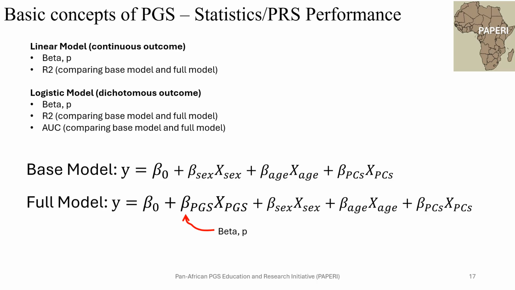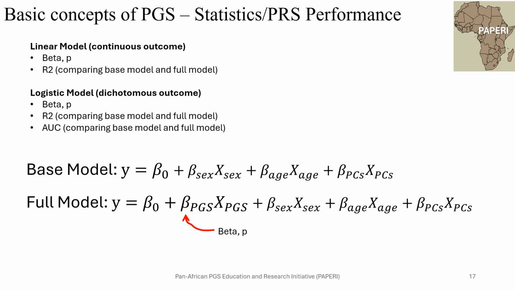And then for both linear and logistic regression, we can look at R-square statistics in order to see how much variation in the outcome can be explained by our polygenic risk score. And lastly, and fairly commonly for logistic regression models, we'll also look at AUC statistics, area under the receiver operating characteristic curve, in order to identify how well the polygenic risk score could classify individuals into cases and non-cases.